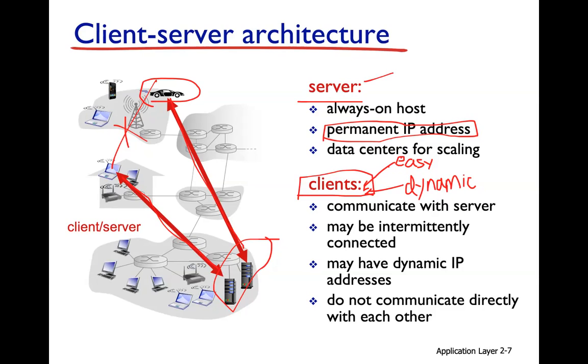So it's very easy for the client, and you can make it a very, very simple version. But the disadvantage is actually at the server side. The server should always be on and should have a permanent IP address. So the server side is more like a static one. The second thing for the server side is that it has a heavy load, especially if you deal with a lot of customers, a lot of clients.